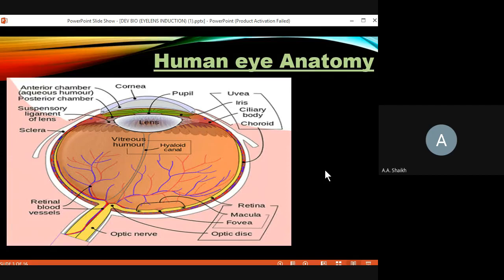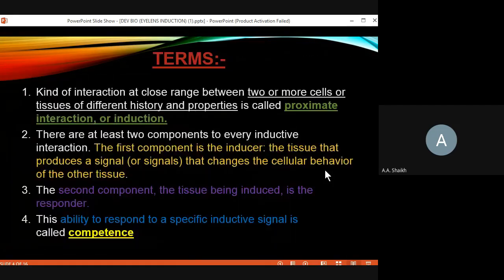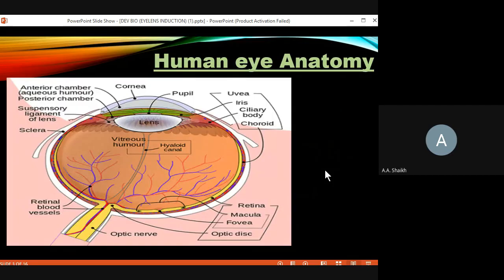So basically, a very important feature in all these things is that they interact with each other. Okay, and these interactions will ultimately lead to the organization of tissues, to the organization of cells with respect to each other.